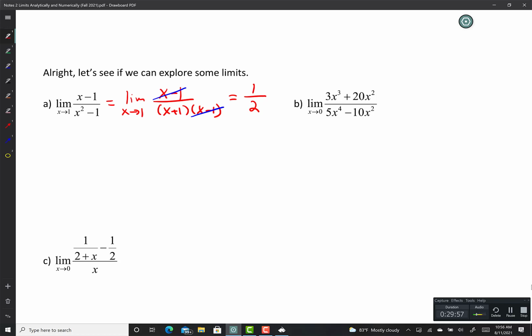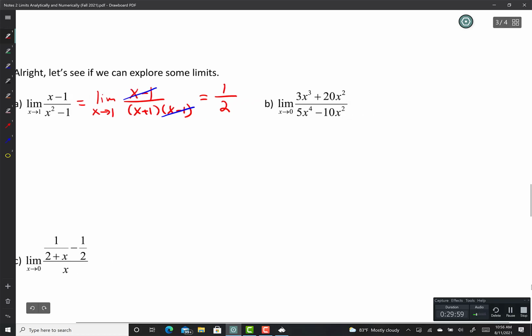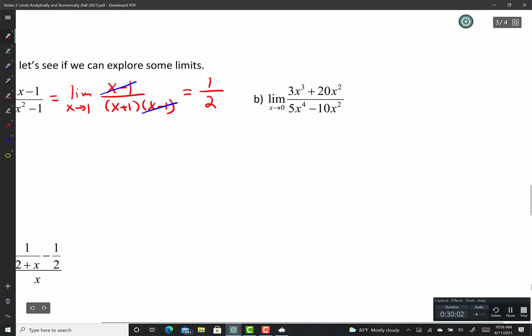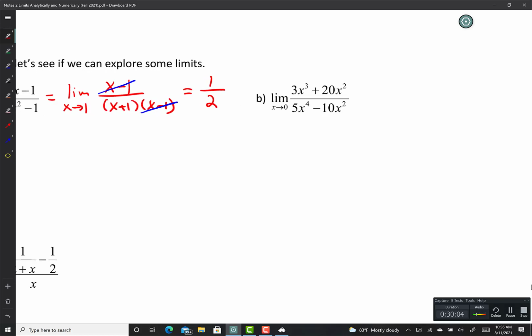Are we okay, guys? Look at letter B. Can I do direct substitution? No, because if I do direct substitution, you get 0 over 0. By the way, if you get 0 over 0, more than likely it has a limit. There's also a rule called L'Hopital's rule if you get an indeterminate form, but we're not there yet, so we're not going to talk about that.